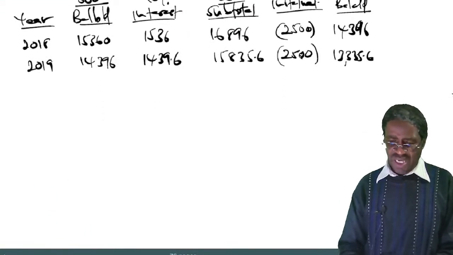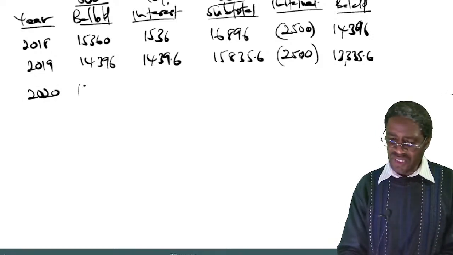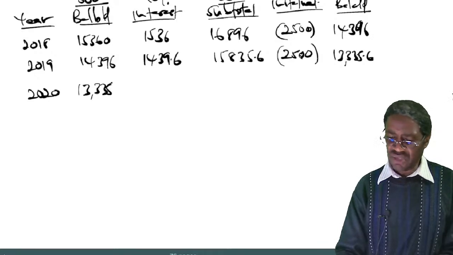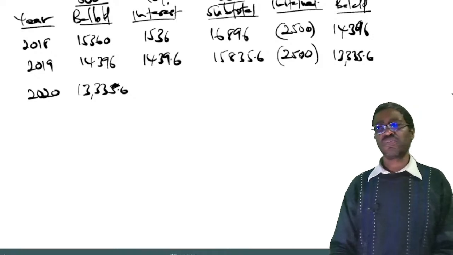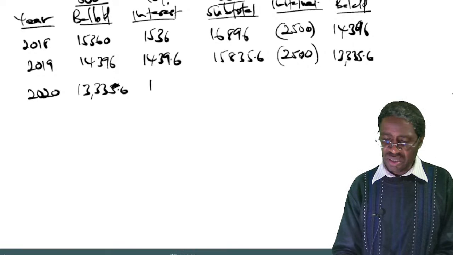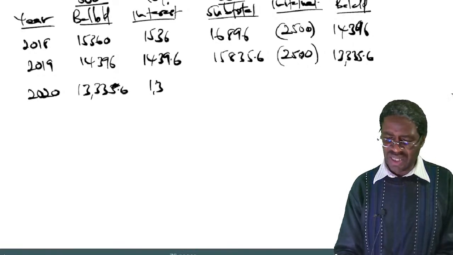Then I bring down the balance by the beginning of year 3, 2020. 13,335.6. 10% of that looks like 1,333.56.